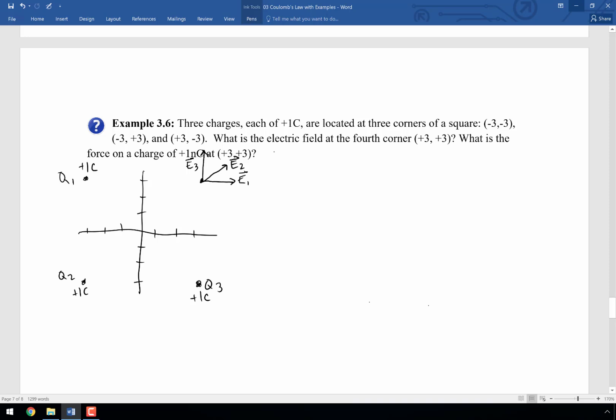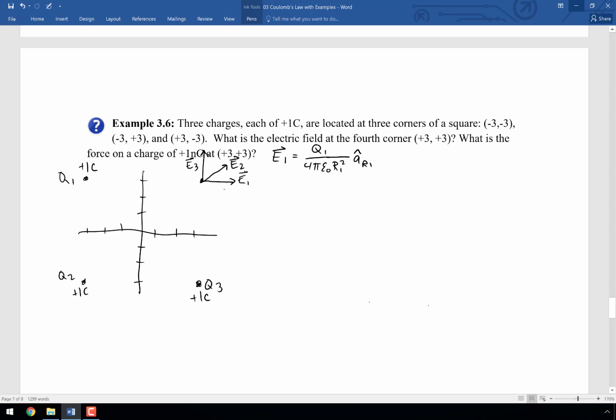So let's calculate E1. E1 is going to be Q1 divided by 4 pi epsilon 0 R1 squared times A sub R1. Now, A sub R1 is going to be pointing in the positive x direction.